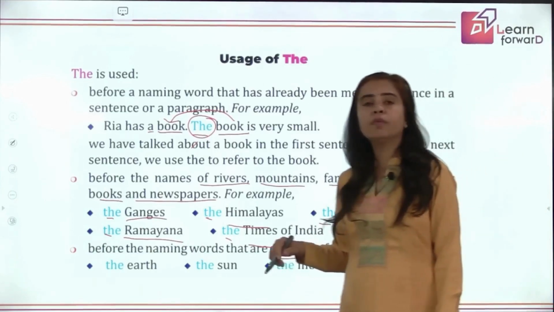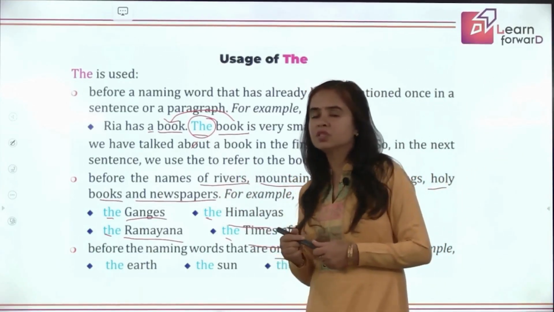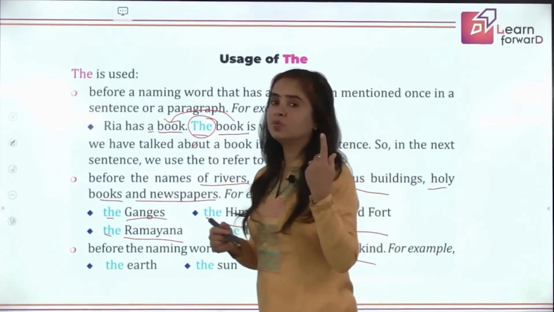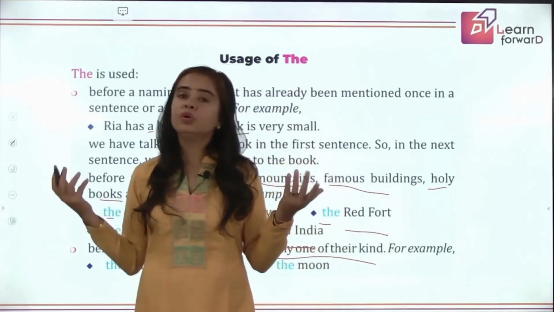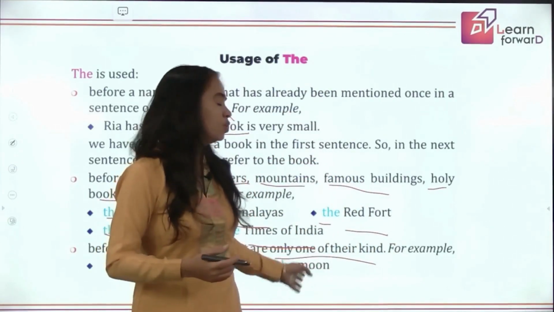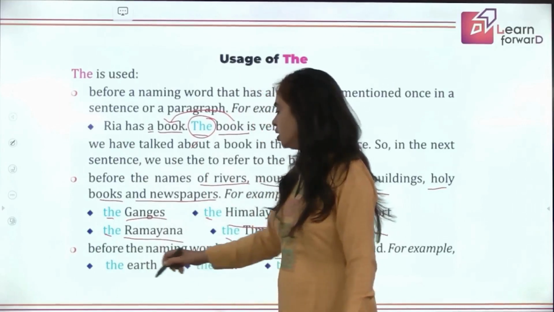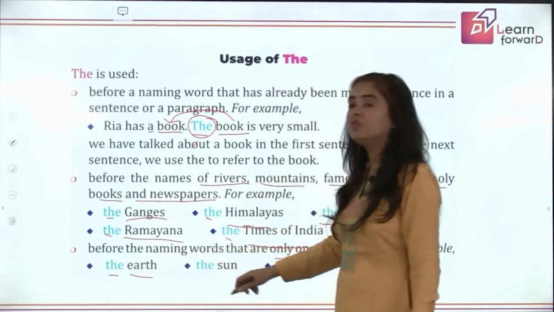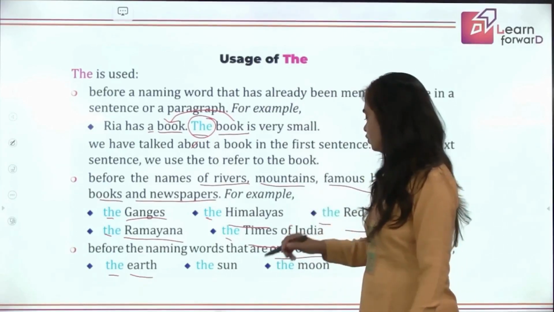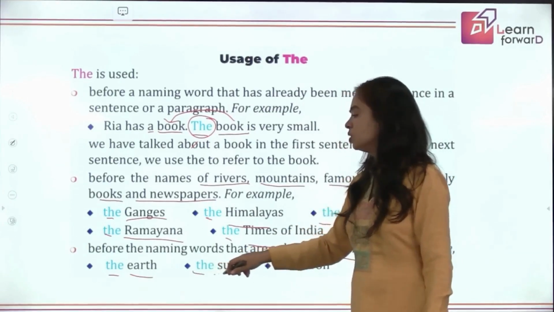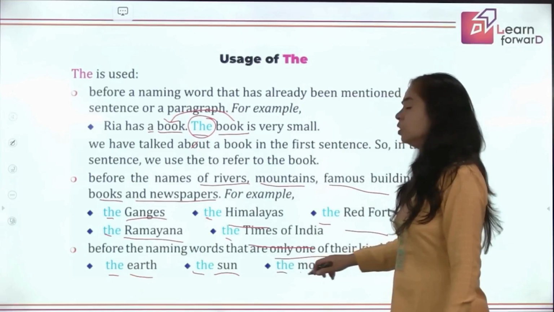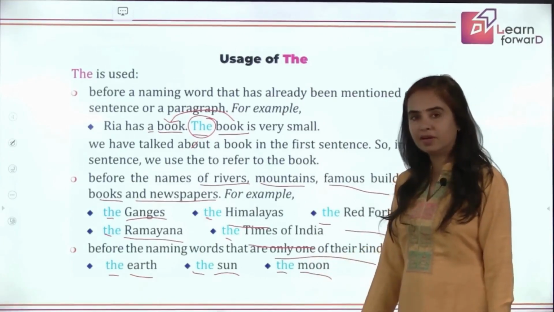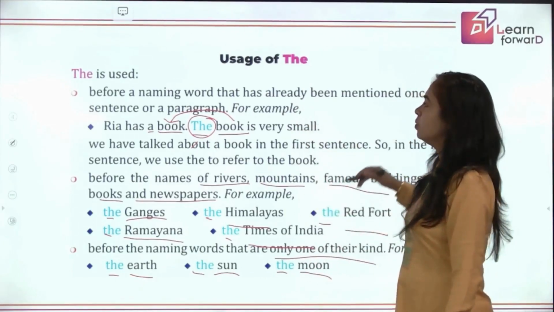If I talk about sun, do you see more sun in the sky? There is just one. It's one of its kind. Moon, it's one of its kind. So when we talk about such things, the earth is just one. So before such universal things that are one of their own kind, we use the earth, the sun, the moon, like this, right? So these are the points, 3 points you must remember.